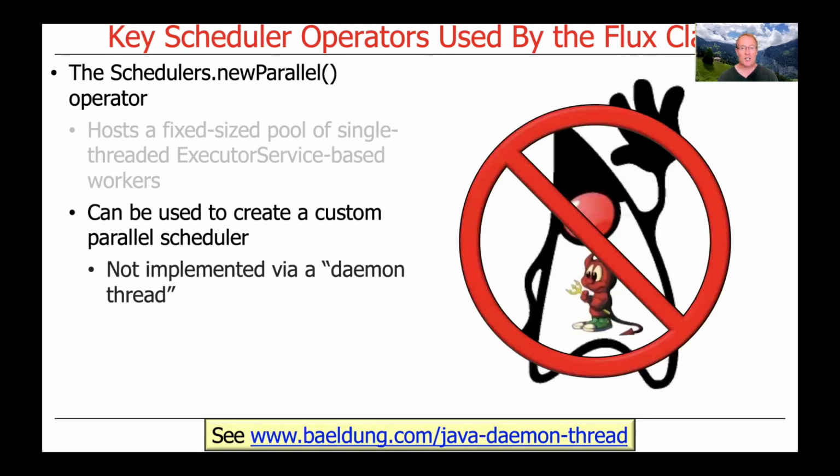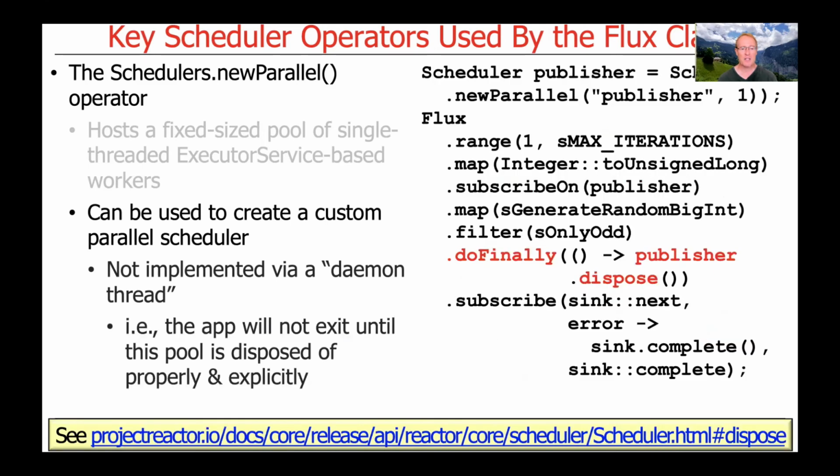It's very important to note that the scheduler and the thread or threads that are returned from new parallel are not implemented via daemon threads, unlike some other things that we've talked about where they are implemented by daemon threads. As a consequence, the app won't exit until the pool is properly disposed of explicitly.